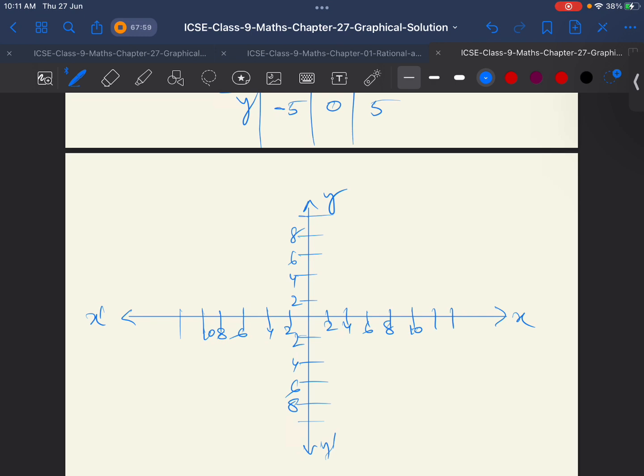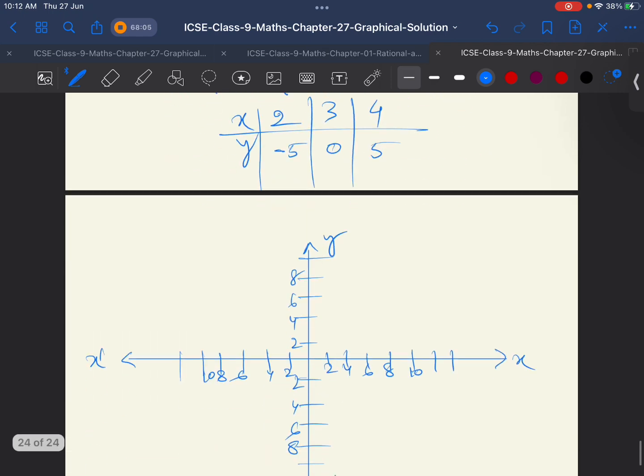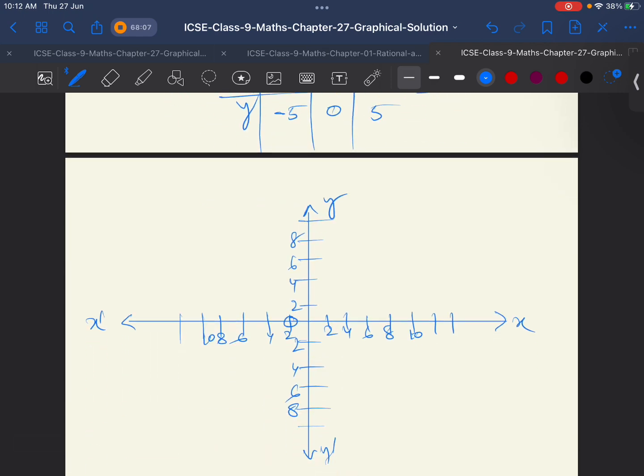So first we plot the point -2 0, this is here, and 4 5 is here, and -8 -5 is here. Now we draw the line.